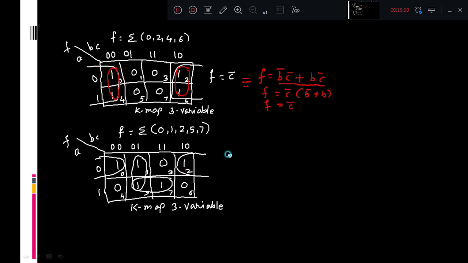So this particular function will result in the following. I say this one as 1, this as 2, and the second grouping as 3. The first grouping is logically adjacent cells 0 and 2, so A is 0 and B is changing, giving A bar C bar.